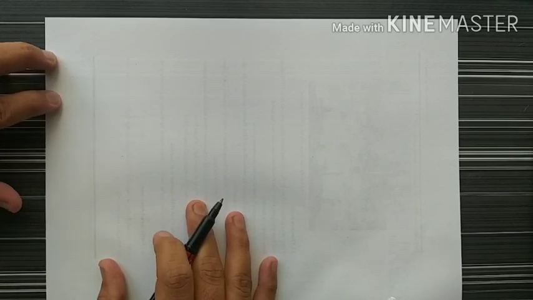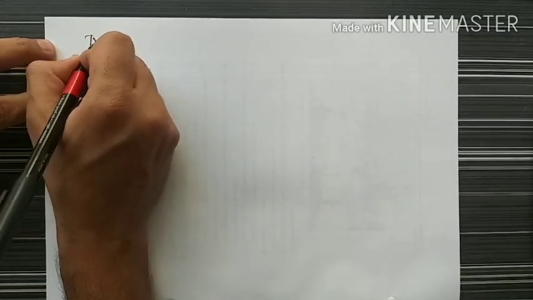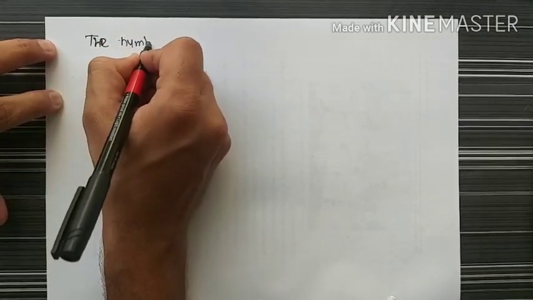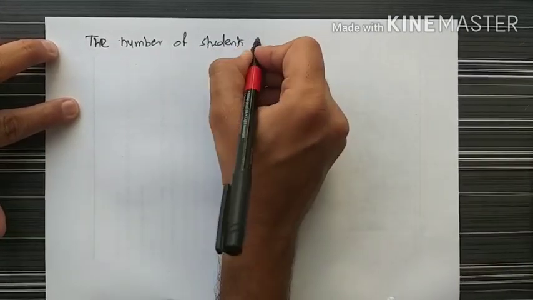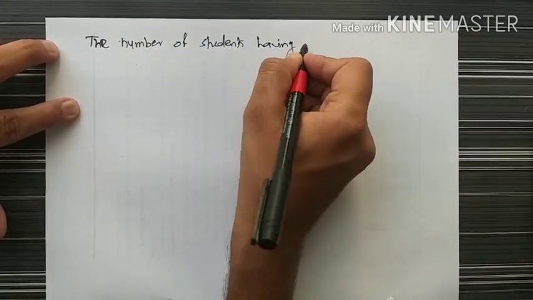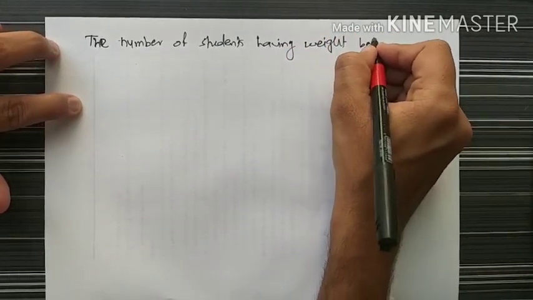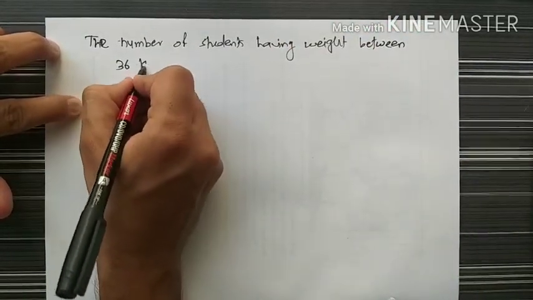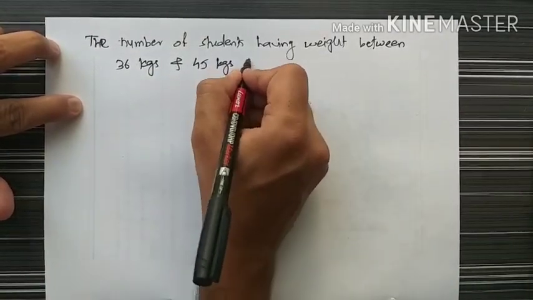After identifying the probability that the weight of a student lies between 36 kg and 45 kg, we can find the number of students with weight between 36 kilograms and 45 kilograms.